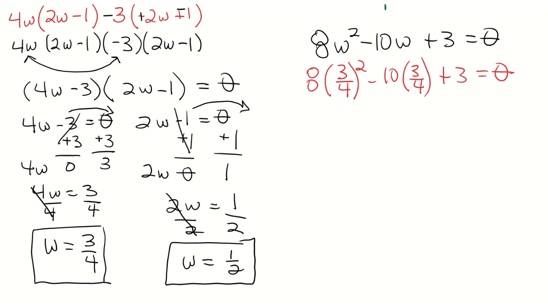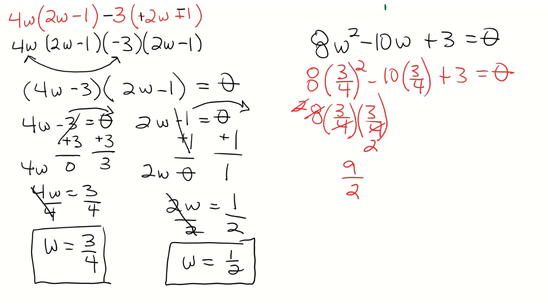I can see that I can simplify. So if I do 8 times 3/4 times 3/4, I know that 8 divided by 4 is going to leave me with 2, and then that's going to leave 2 in the denominator. So that's going to give me 3 times 3 divided by 2. So 3 times 3 is 9 divided by 2.